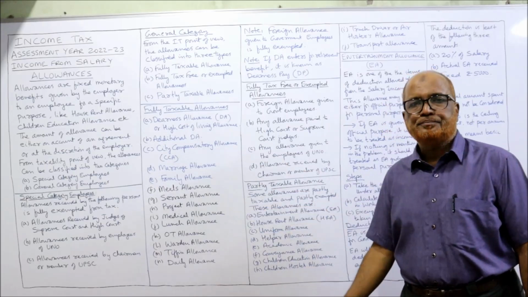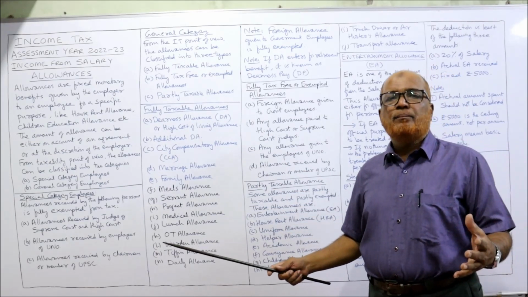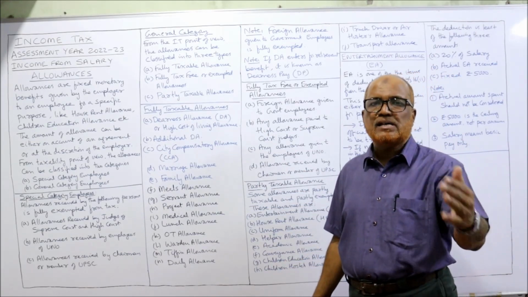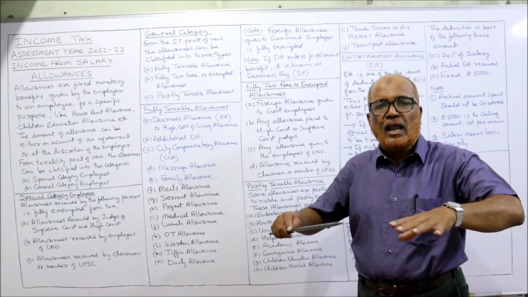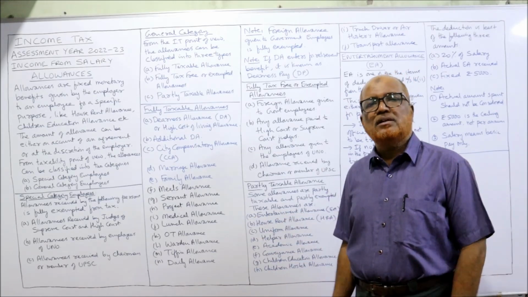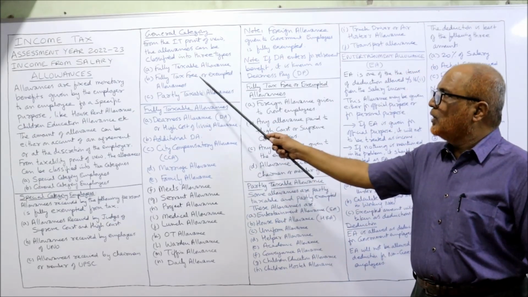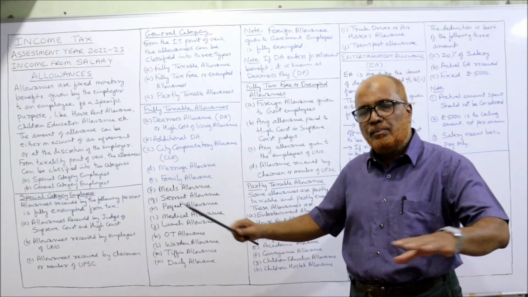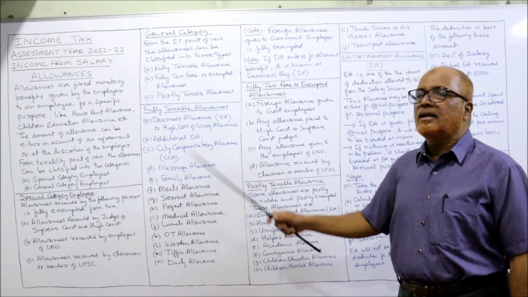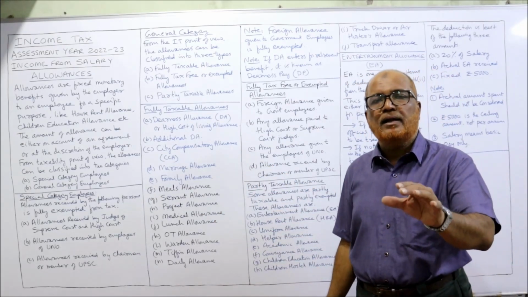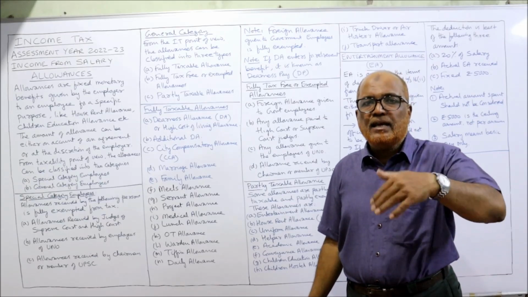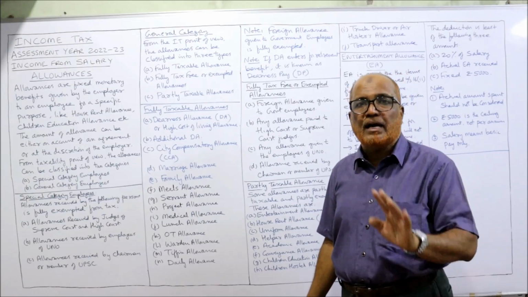Now general category. When a general category employee receives allowances, we can classify the allowances into three categories: fully taxable allowances, fully tax-free or exempted allowances, and partly taxable and partly exempted. That means the unexempted amount of allowance will be taxable.